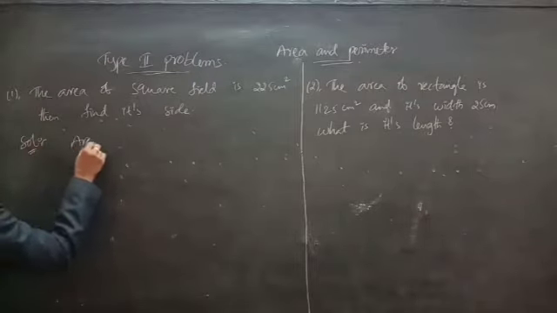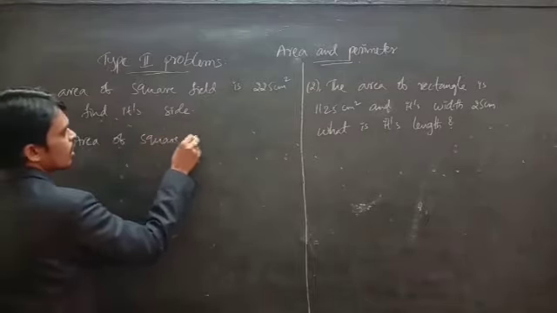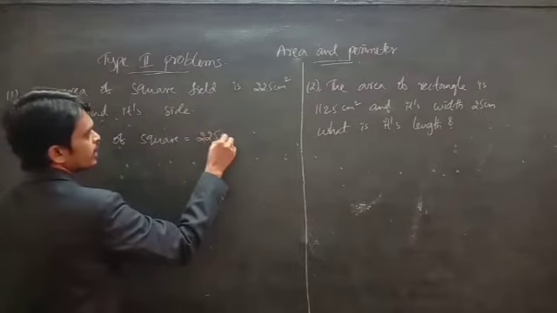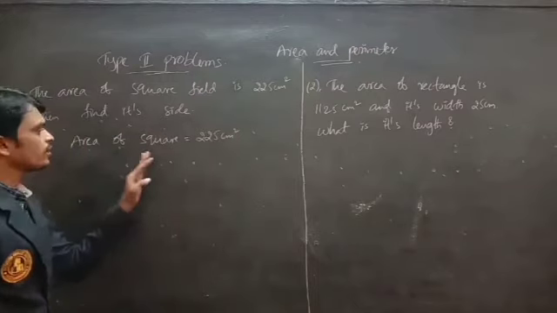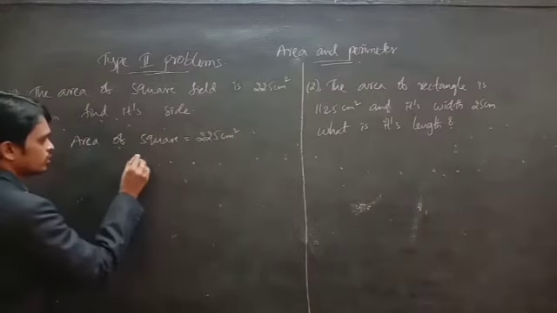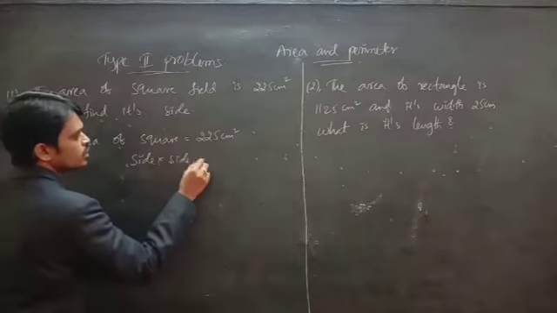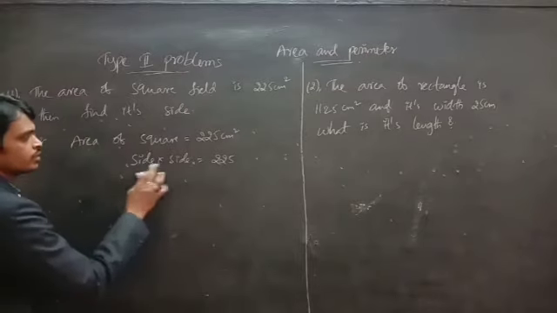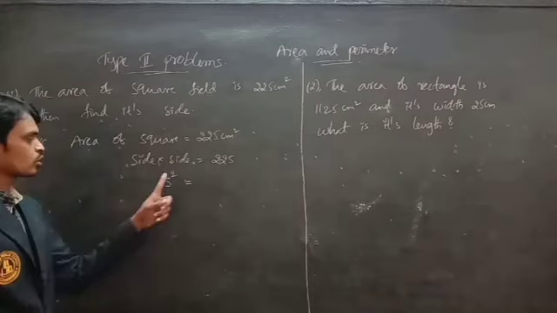the area of the square is given. How much is given? Area of the square field, how much is given? 225 centimeter square is given. But what is the area of square formula? Side into side is equal to 225. So side into side, we can write as s power 2. Why?